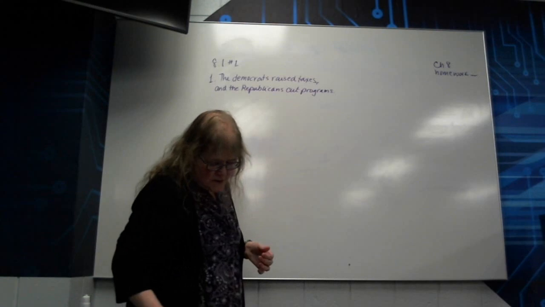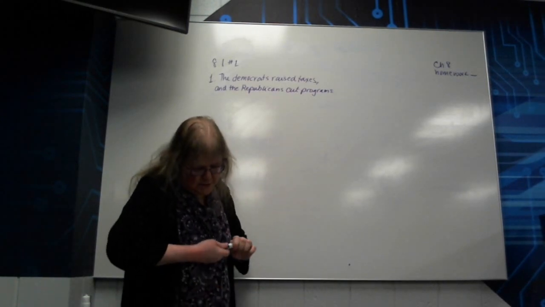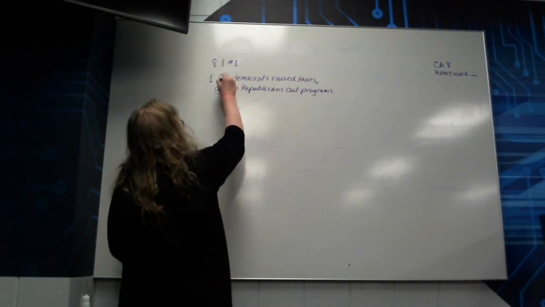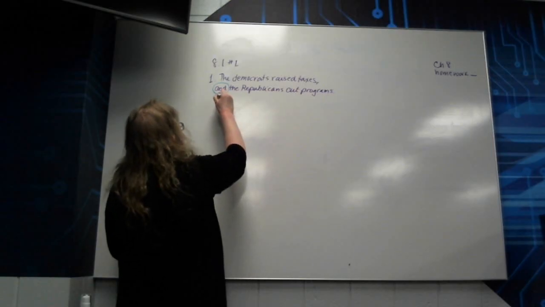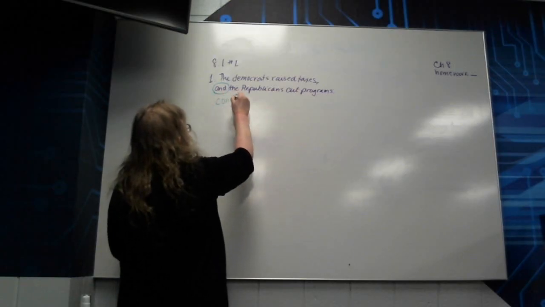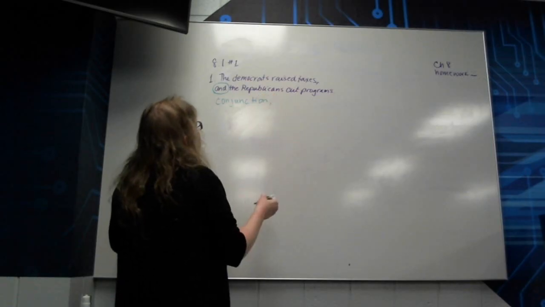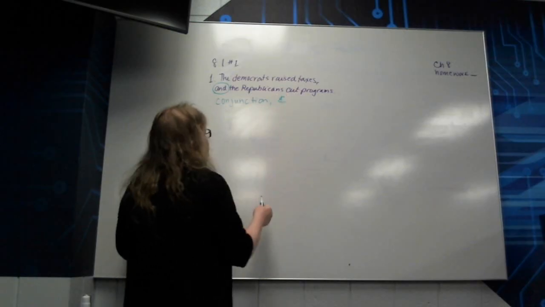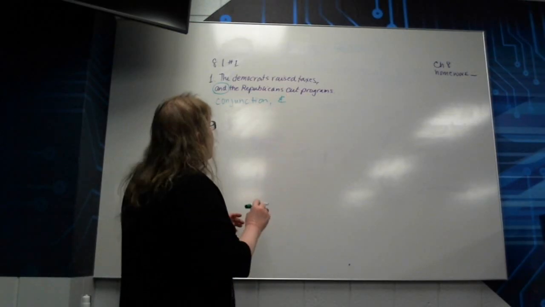Okay, so in this one, we're supposed to identify the following statements as a conjunction, and so on. So I'm looking for my word and, okay, so it's a conjunction. And it uses the symbol, the ampersand, okay? The other thing is identify component statements.